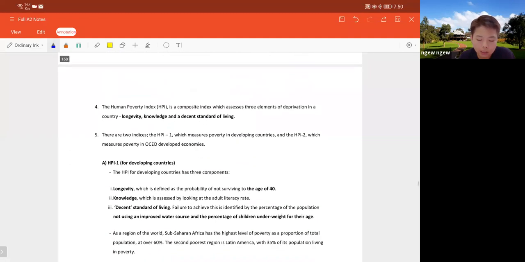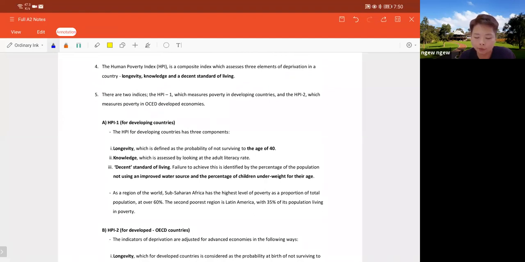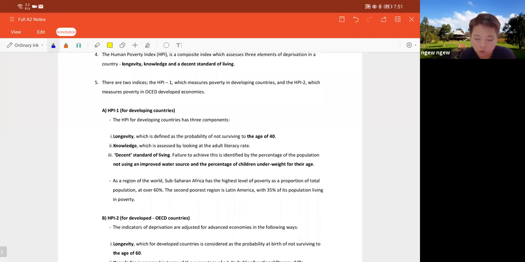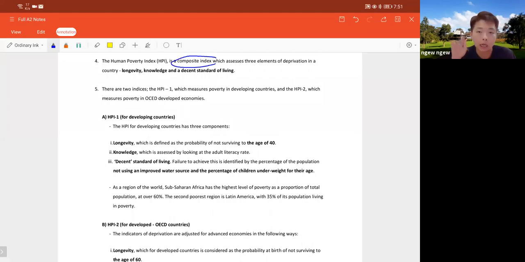And let's look at what is meant by Human Poverty Index. Okay, the Human Development Index is a positive indicator. It measures how much you have. But the Human Poverty Index measures how much you don't have, how much you are deprived of. That is what we call the Human Poverty Index. And this Human Poverty Index is also a composite index because we bundle up 3 individual indicators, okay?